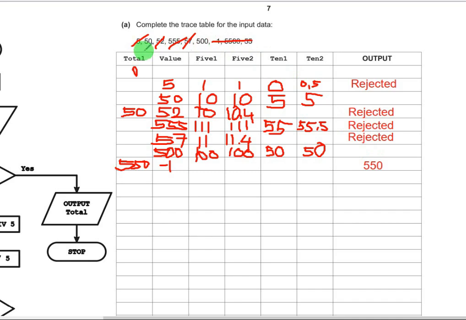So we need to pay attention to the 50 and 500. 50 can be divided by 5. It also can be divided by 10. So is the 500. 500 can be divided by 5. It also can be divided by 10.